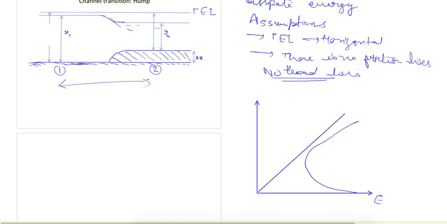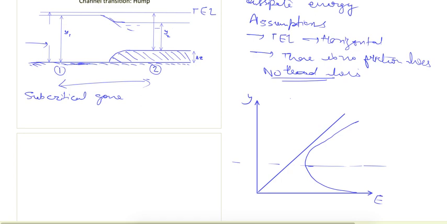Let's say this is E and Y, and from here we can see that this is the critical depth. Here there are two cases. If this incoming flow is in the subcritical zone, or the next will be if it is in the supercritical zone. So first we will see for the subcritical zone.